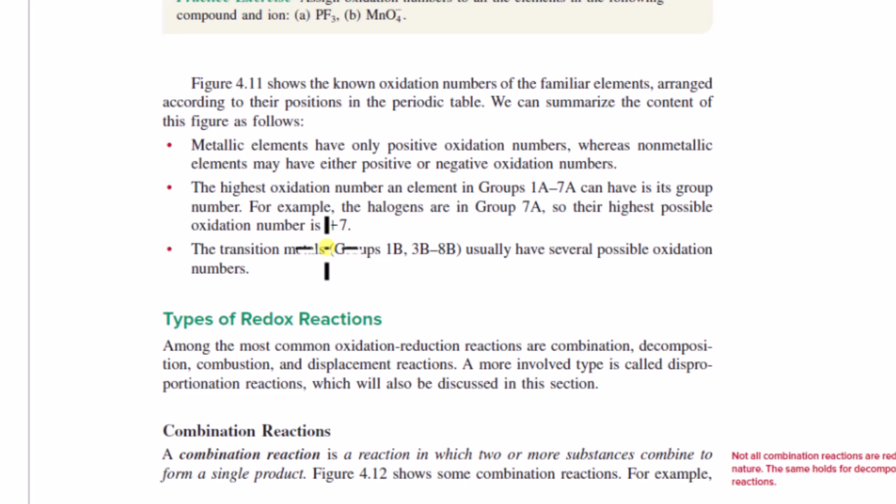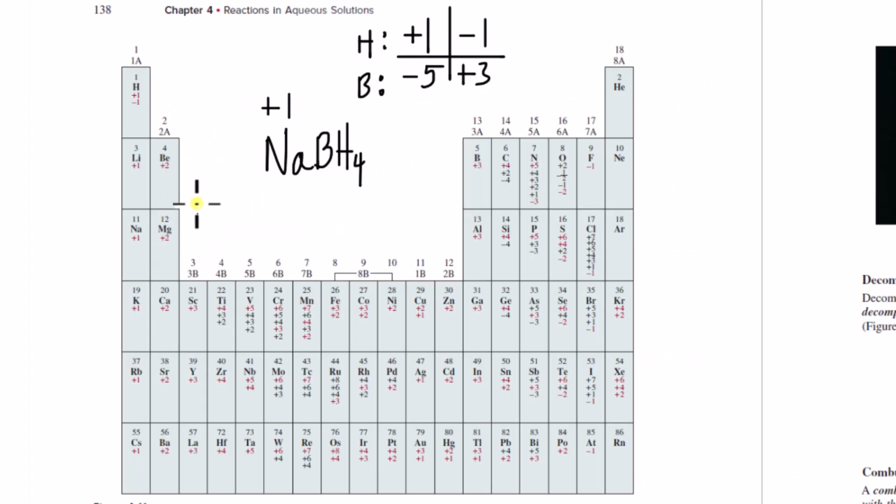And so what this rule is saying is that for any elements in groups 1A to 7A, so not including these middle columns here or the noble gas column, just these first two columns and then these 5 columns here, it's not possible for these elements to ever have an oxidation number higher than their group numbers. So nitrogen or phosphorus, for example, could never have an oxidation number of like +6 or +7. Or carbon, silicon, or tin could never have an oxidation number higher than +4.